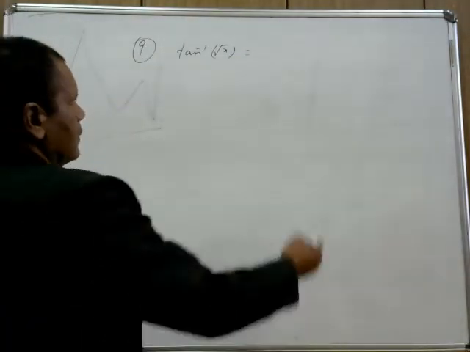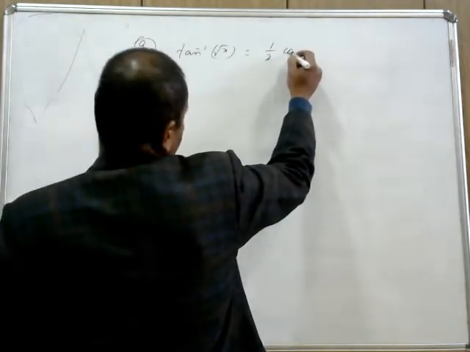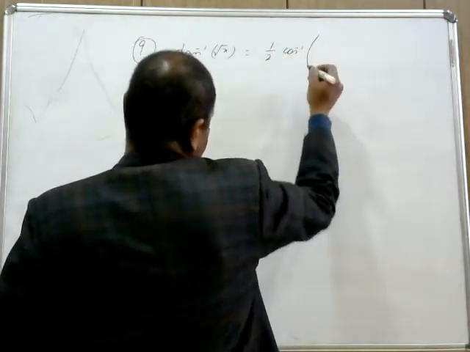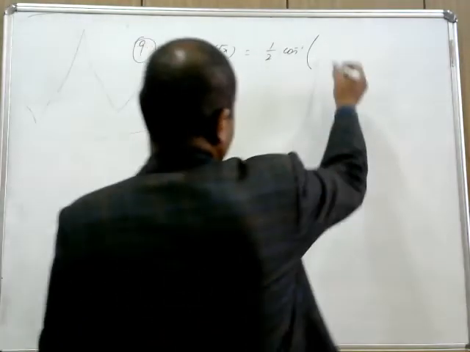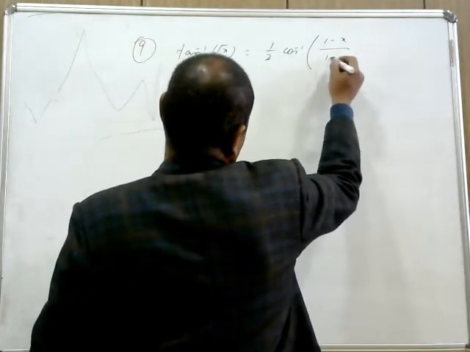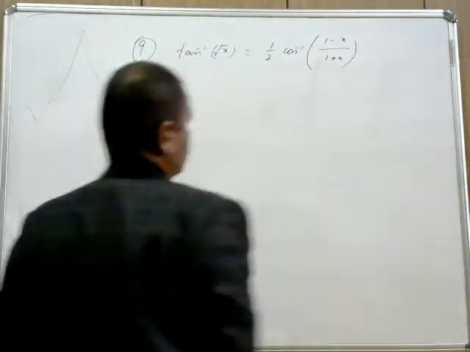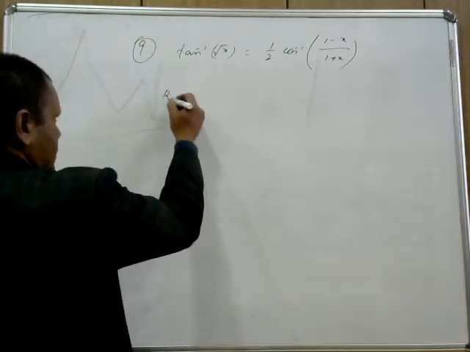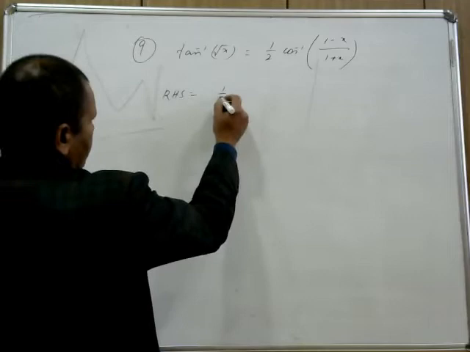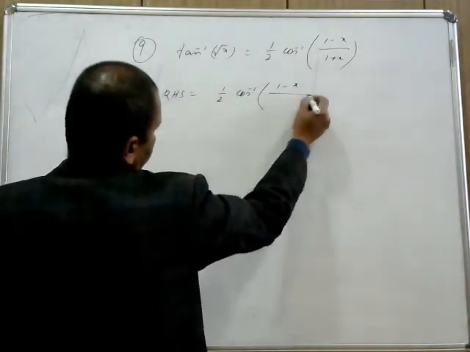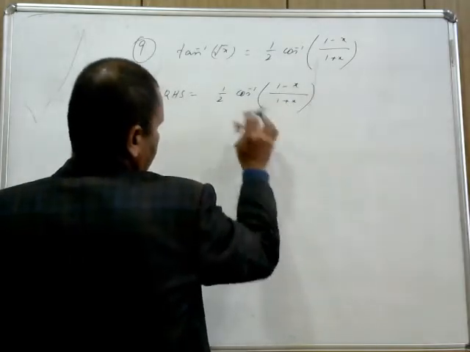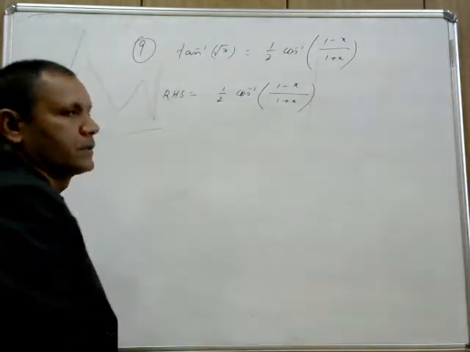half cos inverse 1 minus x upon 1 plus x. This is the question. Now see the RHS: half of cos inverse 1 minus x upon 1 plus x. Here we have cos inverse, here we have tan inverse.